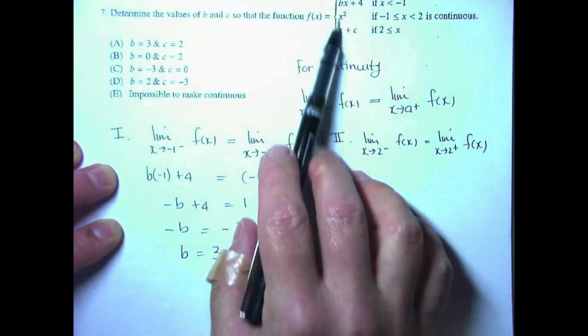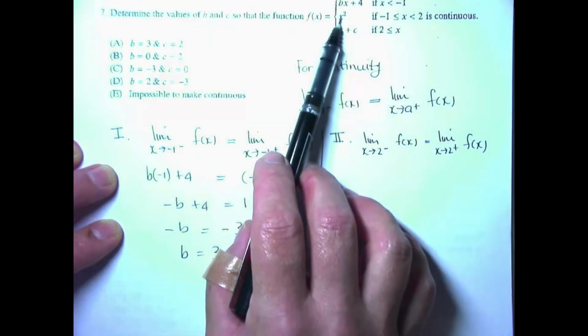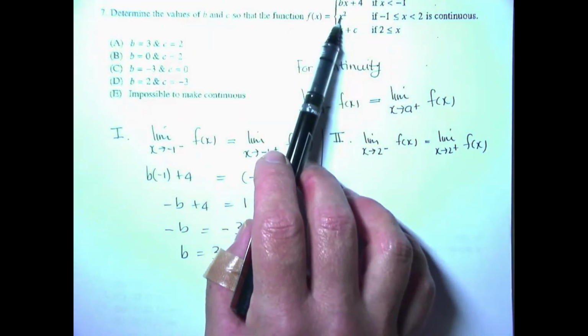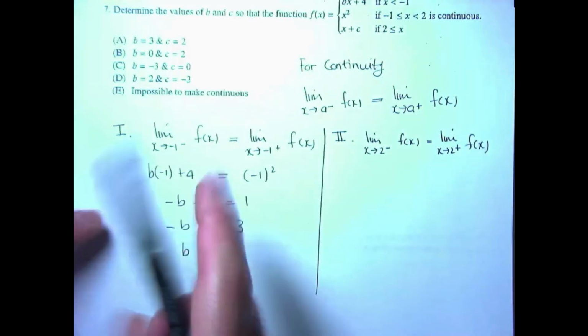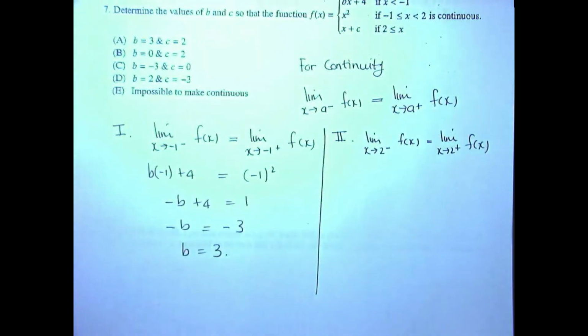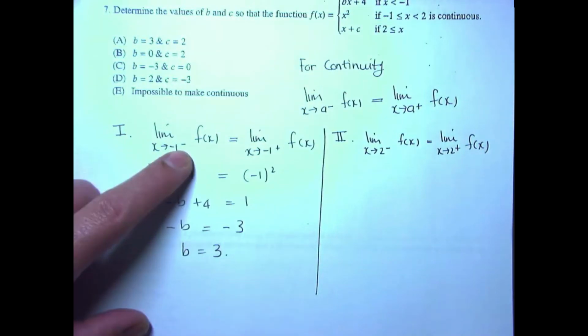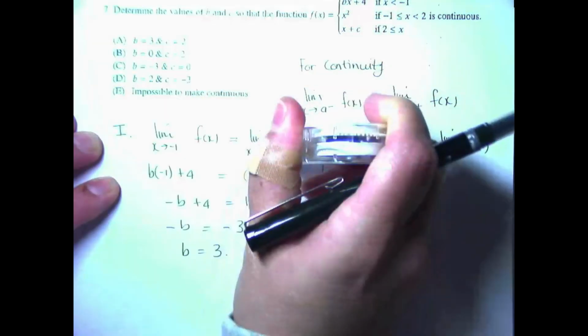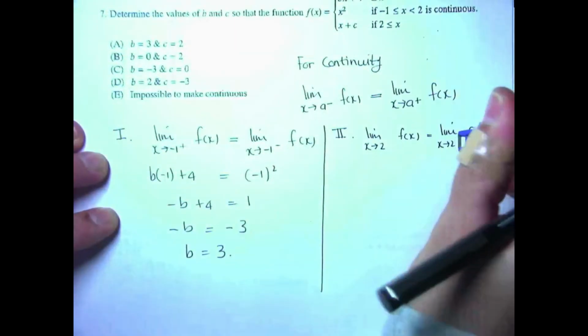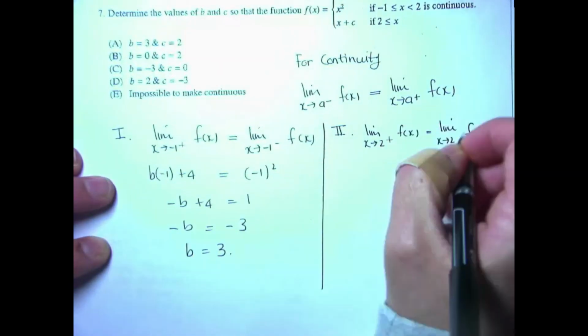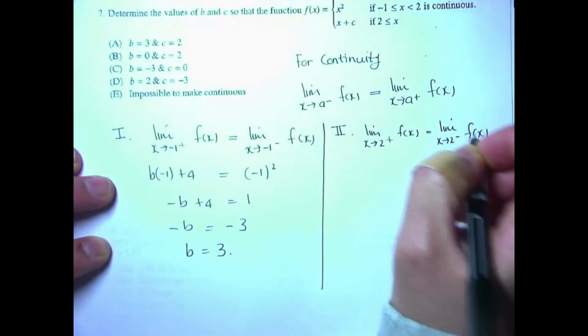All right, so we're dealing with these two equations. Actually, I switched these two around, because I did left and right. It doesn't matter. I just switched these two guys around. Let's switch these two around too. The limit as I approach from the right, the limit as I approach from the left.